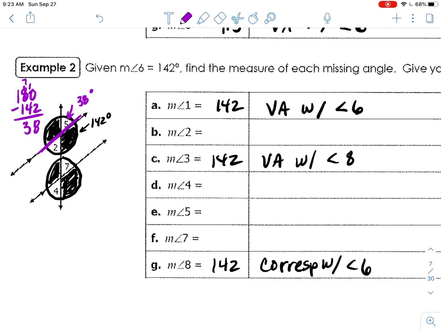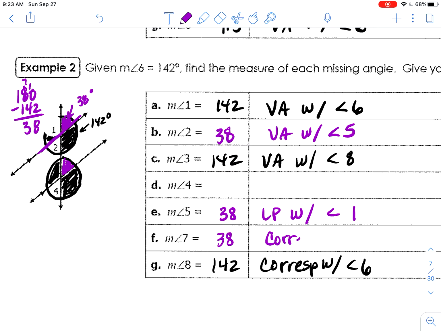So angle 5 is going to be 38, and that is a linear pair with angle 1. And then 2 is 38, and that is vertical with angle 5. 7 is corresponding with 5, so angle 7 is going to be 38. And then angle 4 is 38. It is vertical with angle 5.